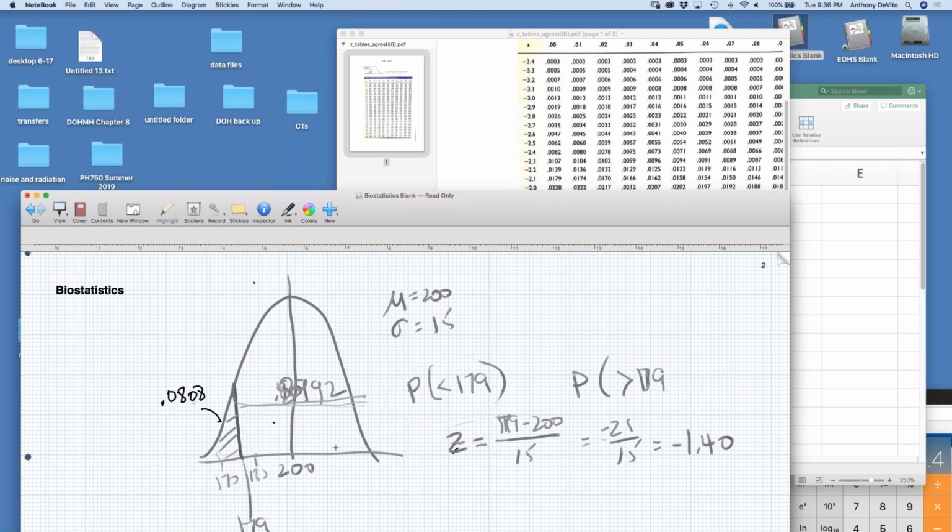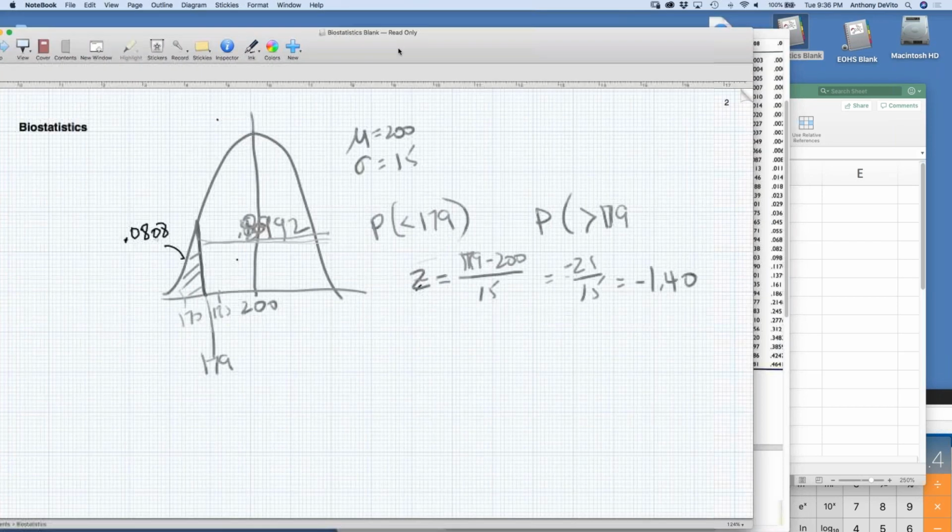Okay. Similarly, I could look up the probability of someone having a value that is greater than 206.5.